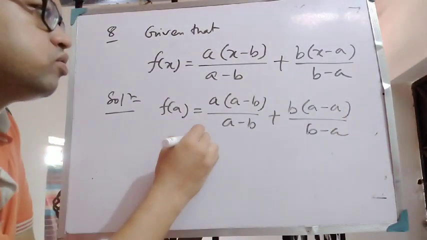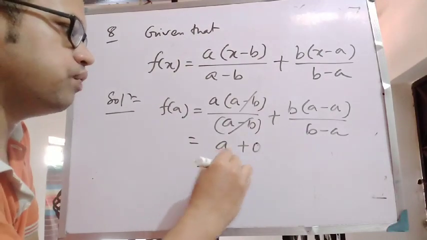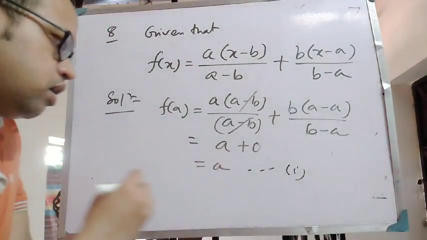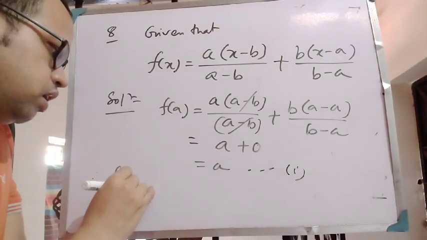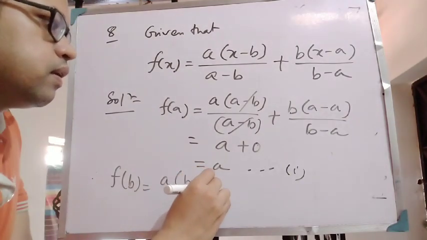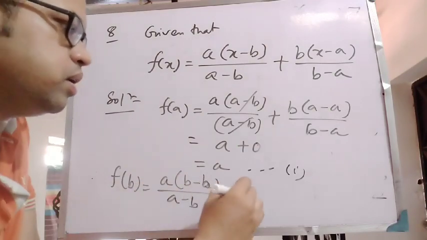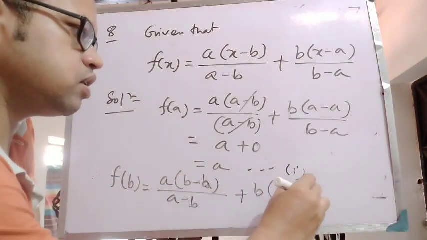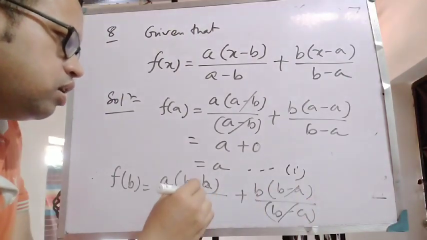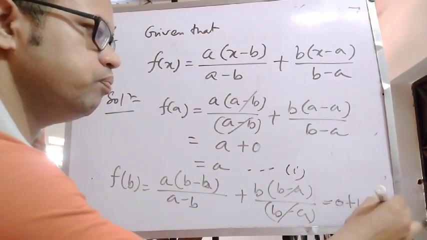Clearly a minus a gives you 0. You can cancel these two terms. So the value of f(a) is equal to a. Call it number 1. f(b) is a into (b minus b) by (a minus b) plus b into (b minus a) by (b minus a). Again you will see that this gives you 0 plus b equals b.